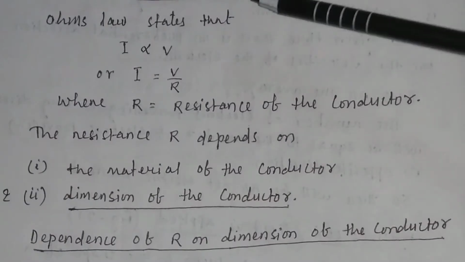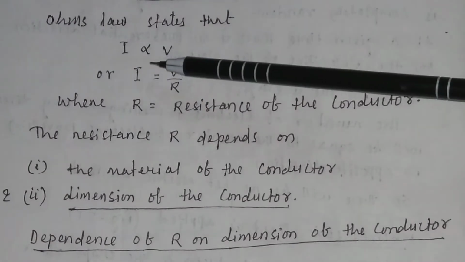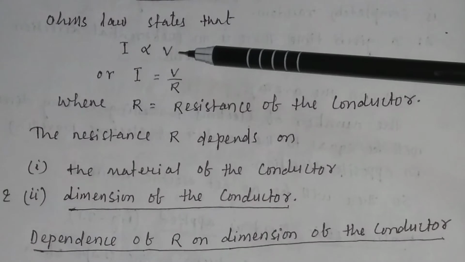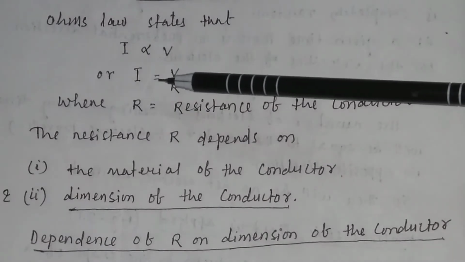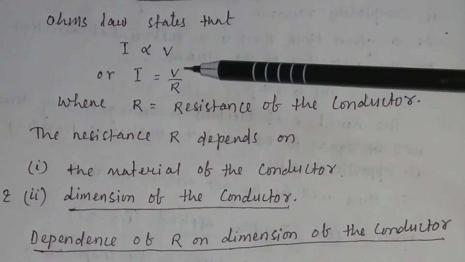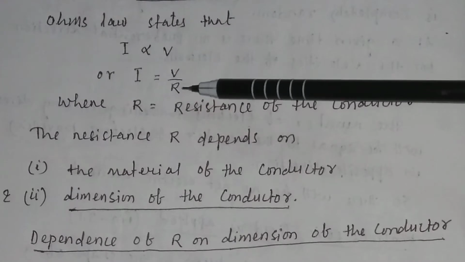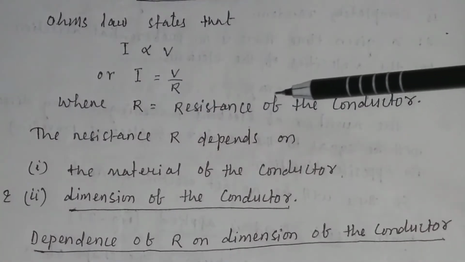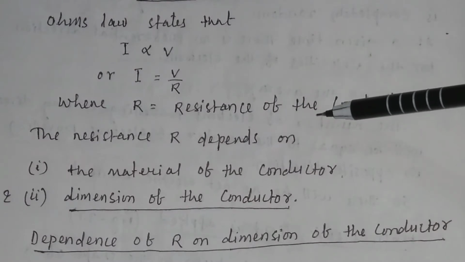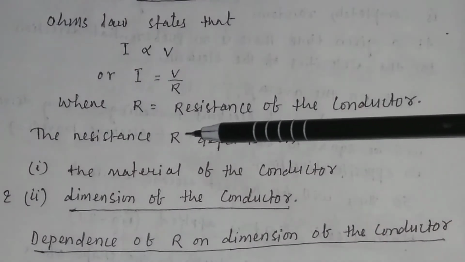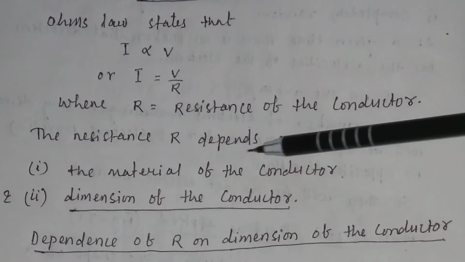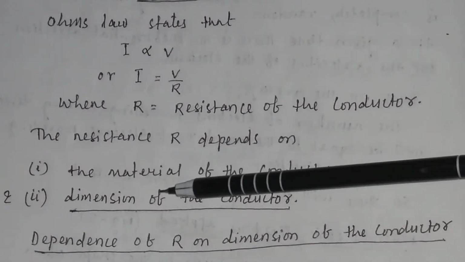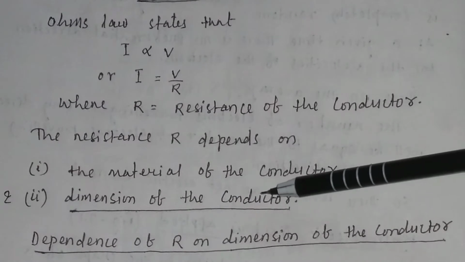And according to Ohm, the current is proportional to the potential difference, or the current is equal to the potential difference divided by a constant, where the constant R is called the resistance of the conductor. The resistance R depends on the material of the conductor and the dimension of the conductor.